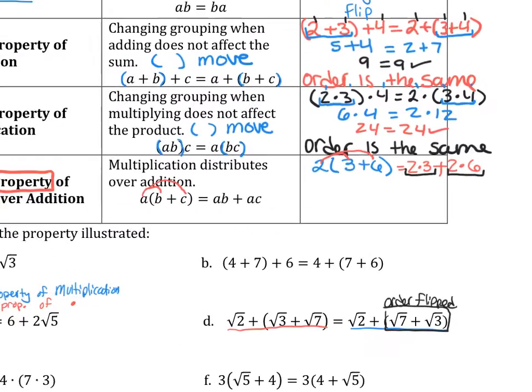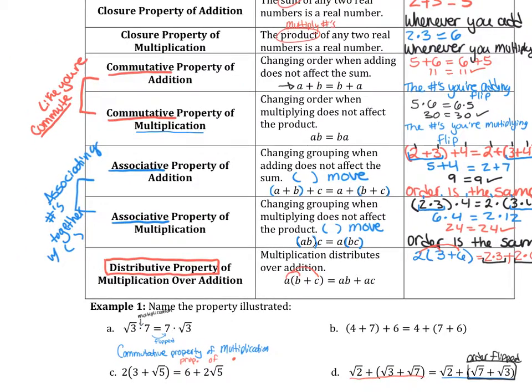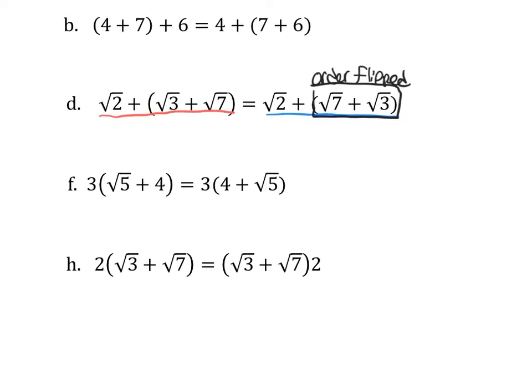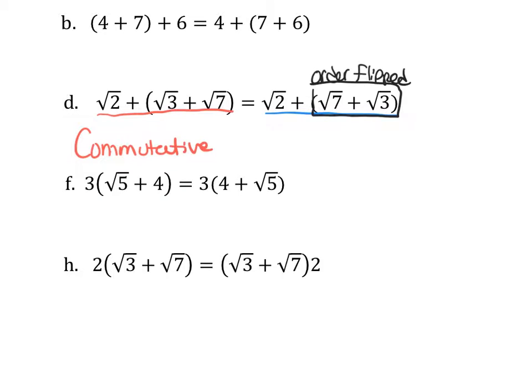When we have our order that flips, that is a commutative property. And since the two numbers that flipped were being added, that makes it the commutative property of addition. So again, you can write out commutative, and then you can abbreviate property as prop of. You can do the plus sign for addition.